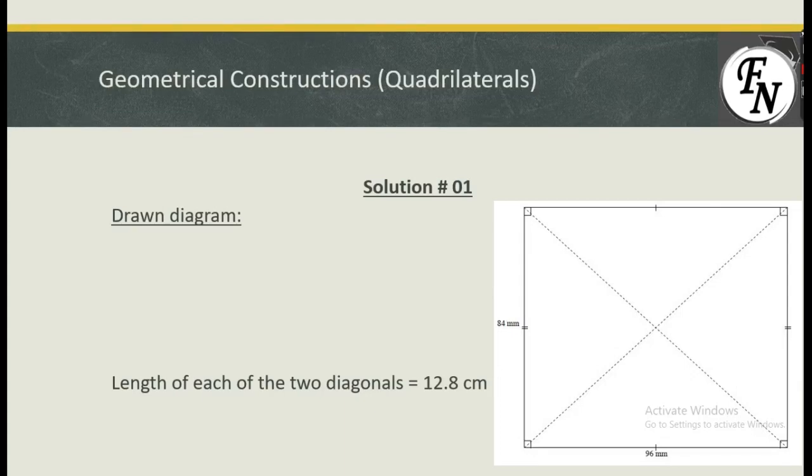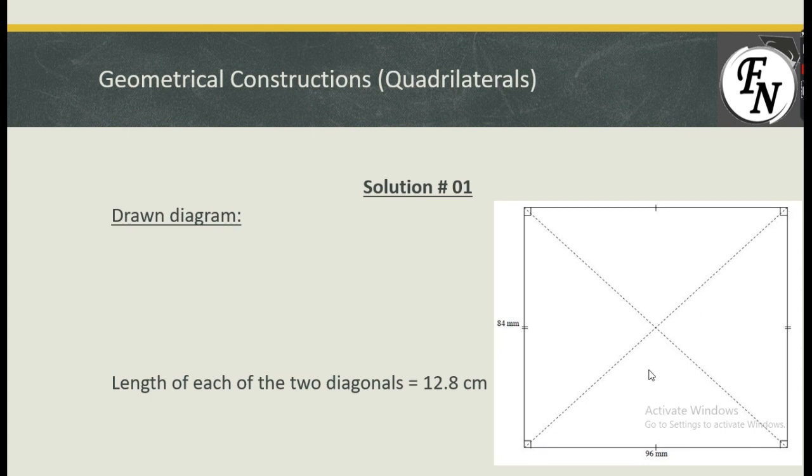After obtaining this rectangle, I have made this rectangle here. This is 84 millimeters on both sides, and this is 96 millimeter on both sides. We need to measure the diagonals of this rectangle, and as we know from the properties, the diagonals of a rectangle are equal in length. That means this straight dotted line and this straight dotted line would be of equal length.